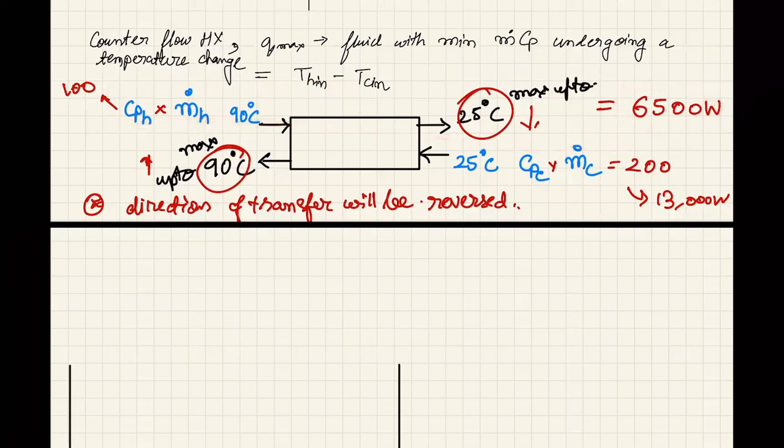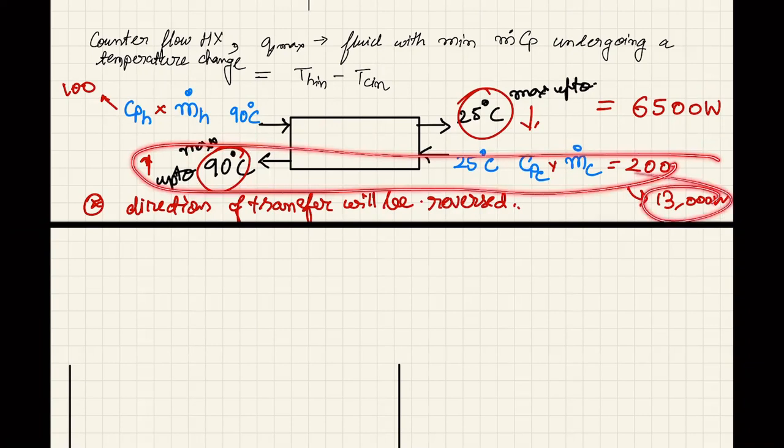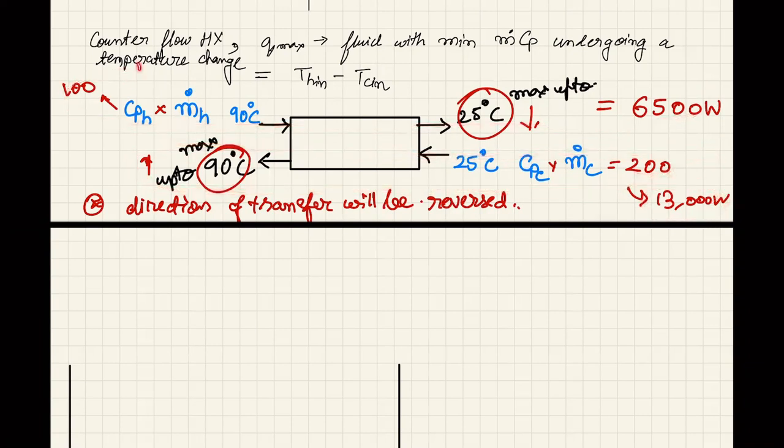So what will be the Q max over here? The Q max over here will be 6,500 only, because this is capable of exchanging only 6,500, whereas this is capable of exchanging up to 13,000 watts in the given exchanger. We have pulled everything to its maximum value: how far the maximum temperature can go, and how far the temperature can drop in this exchanger. We know the flow rates. So the maximum amount of heat that this particular stream can exchange is this, and the maximum amount of heat that this stream can exchange is this.